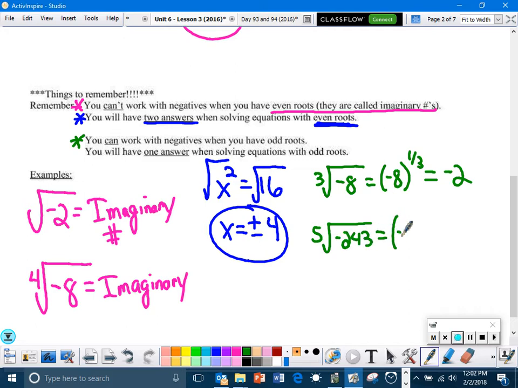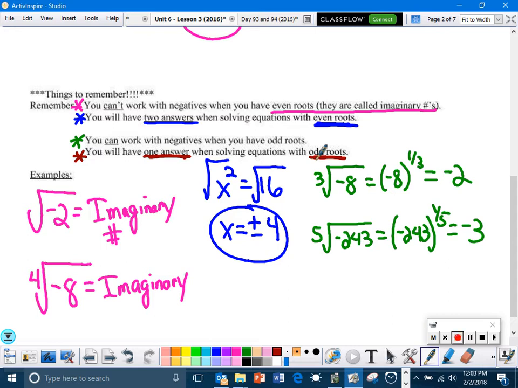Well that's the same as -243 to the 1/5 power. That would give you -3. So that's what that third statement is saying. And the last statement, you will have one answer when solving equations with odd roots. So 4 very important things to remember, because we're going to go and solve some equations with rational exponents.